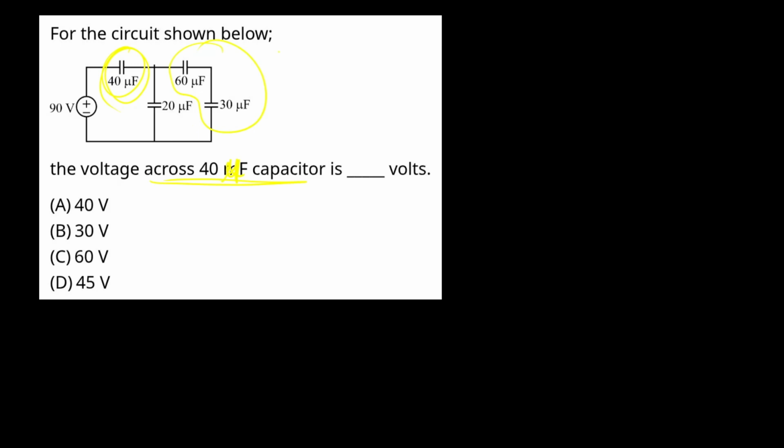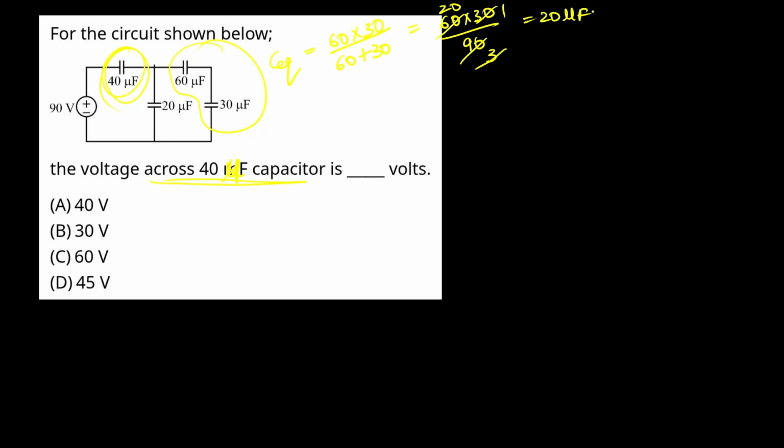So what is the C equivalent of these two capacitors? Capacitors connected in series is equivalent to resistors connected in parallel. So R1 R2 by R1 plus R2. So C1 60 microfarads into 30 by 60 plus 30, which is equal to 60 into 30 by 90, which is equal to 20 microfarads.